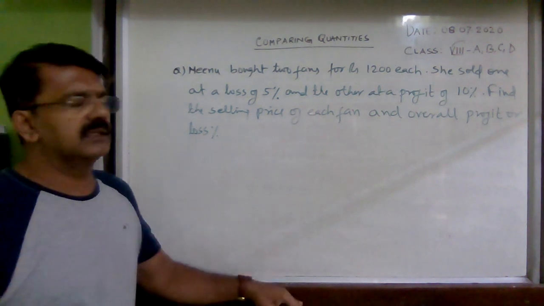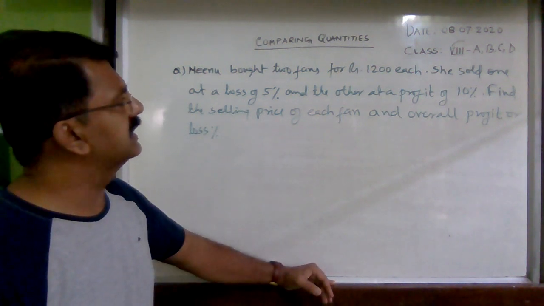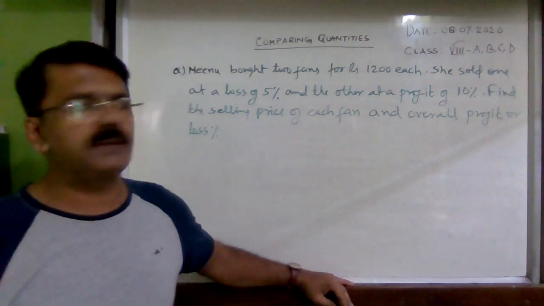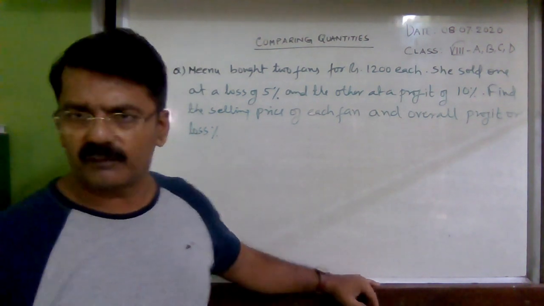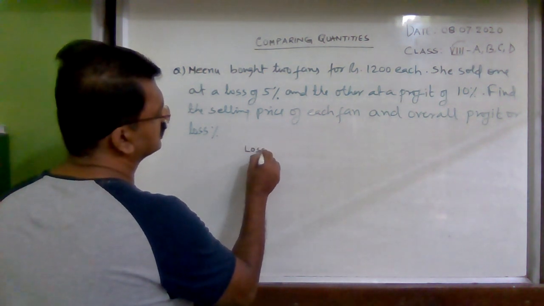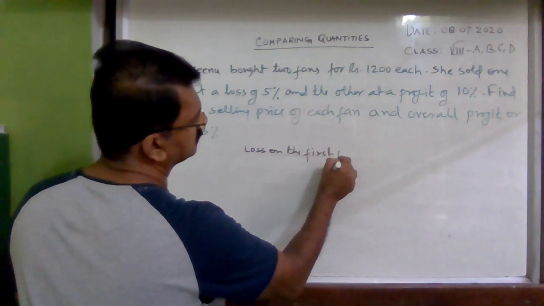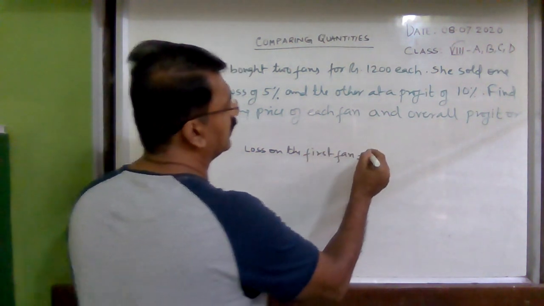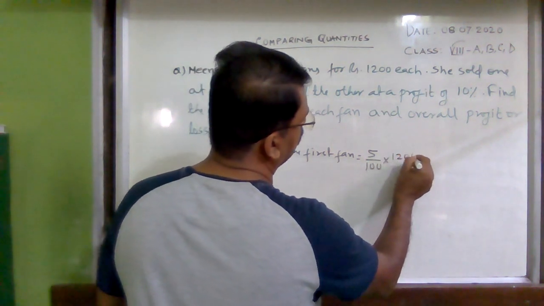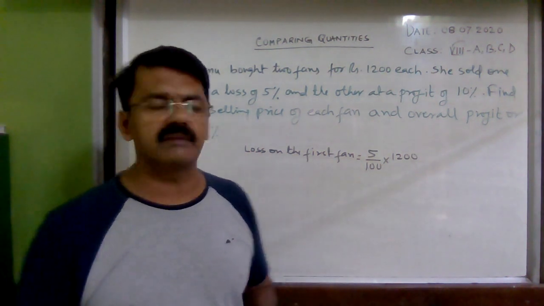Now you can see the CP of both the fans is rupees 1200. But on the first fan there is a loss of 5% and on the second fan there is a profit of 10%. So first of all, loss on the first fan will be equal to 5% of 1200. I told you that profit and loss are always calculated on the CP and CP is given 1200.